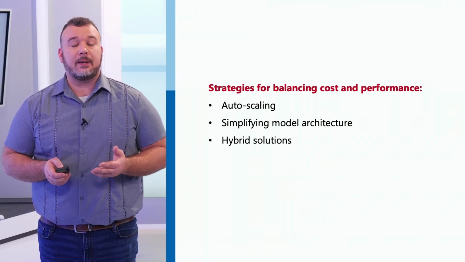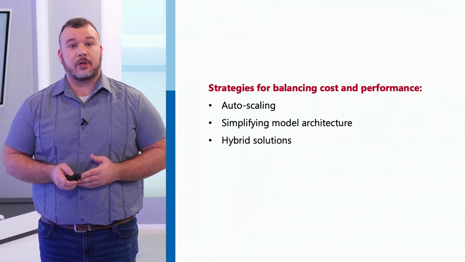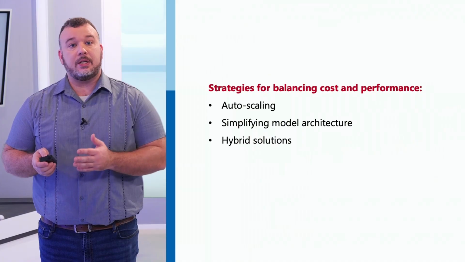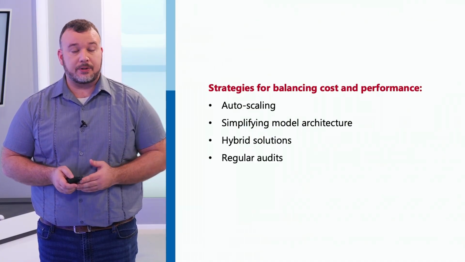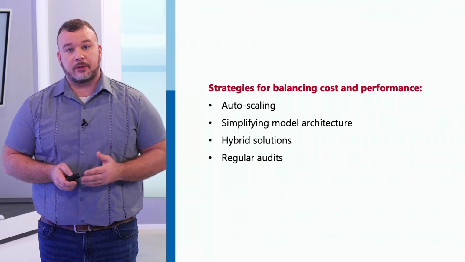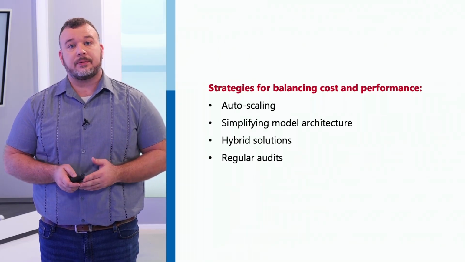Then we have hybrid solutions. Combining cloud and on-premise infrastructure meets performance needs while being cost-effective. Then there are regular audits. Reviewing infrastructure and processes highlights opportunities for further cost savings.